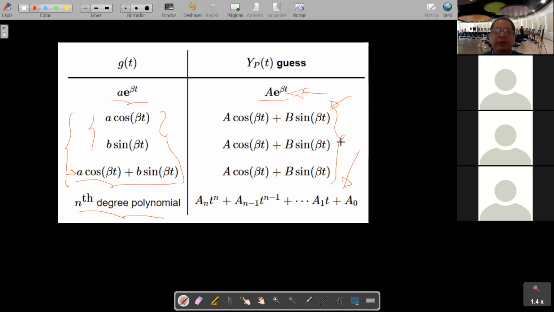Let's work with those combinations in order to have more complex functions on the right side. But they will be just combinations of them. So let's take a look at the details on how to work when we have combinations of these three basic functions on the right side, or the forcing function. Let me copy another example.